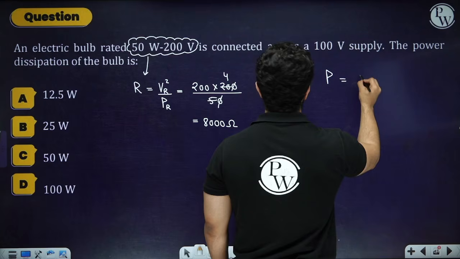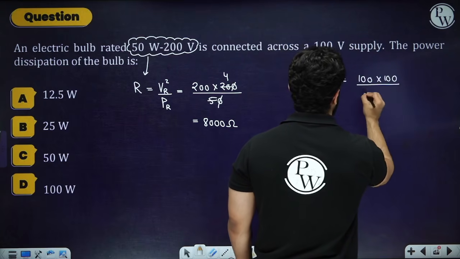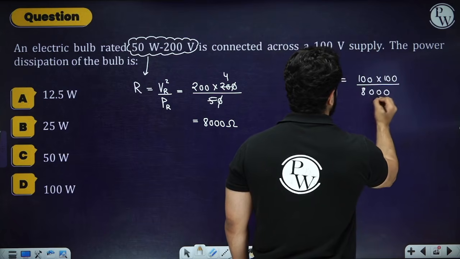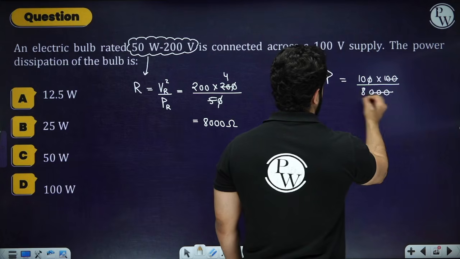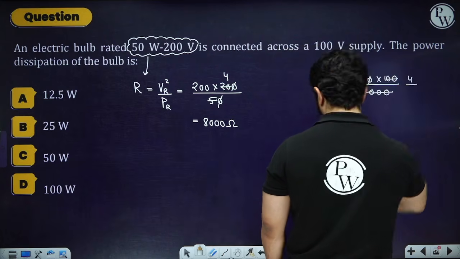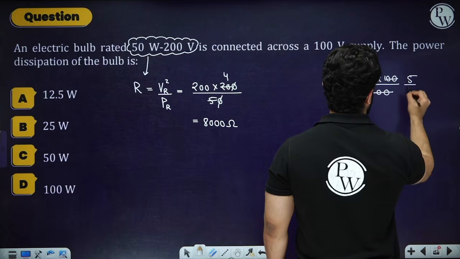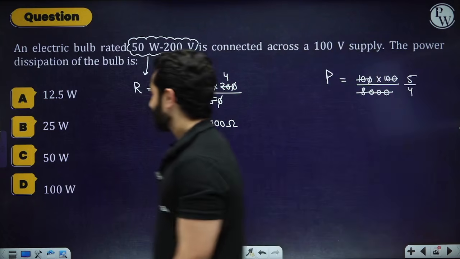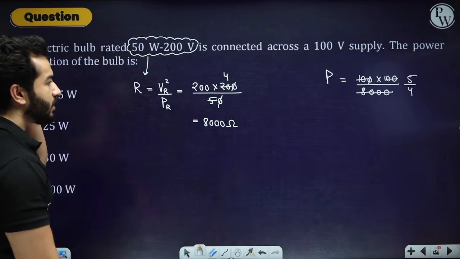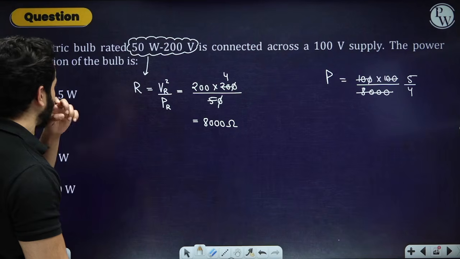Now use this to find the power at this potential. So this will become 100 times 100 divided by 8000. Sorry, I think everything's good till this point.